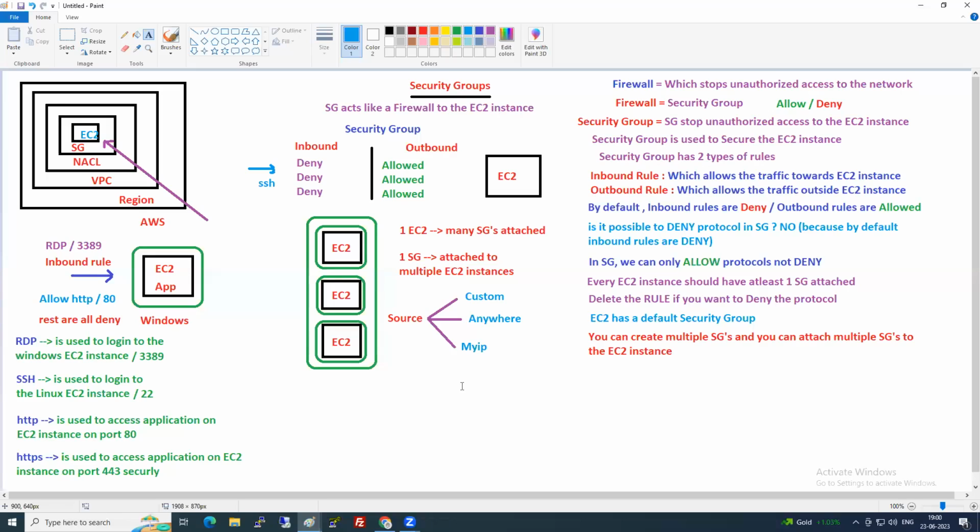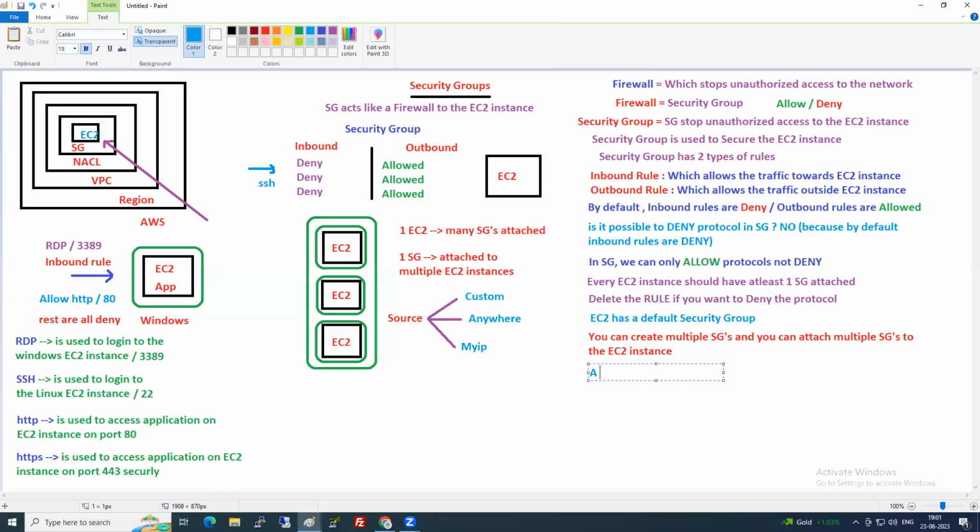One question for you. A brand new security group. You created a new security group. Tell me, by default, are inbound rules allowed or denied? Deny. Simple as that. Outbound rules?